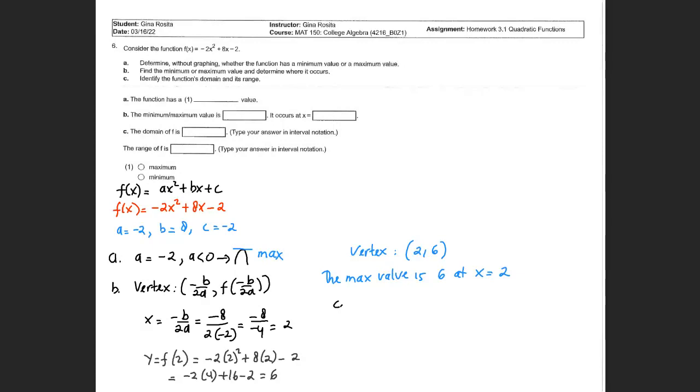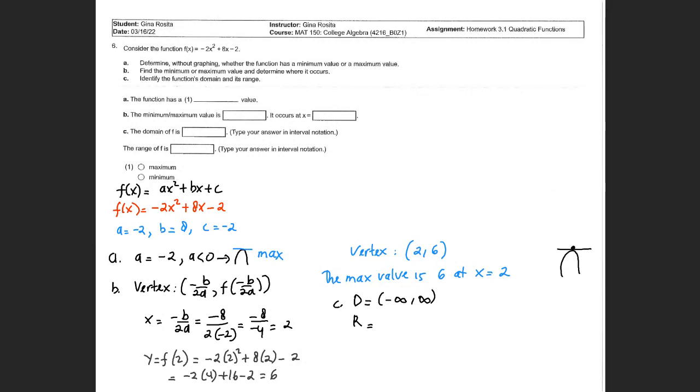And now for C, you need to find domain. Same, yeah? The domain of any quadratic function includes all real numbers. So the domain is from negative infinity to infinity. Now range. Okay, again, the parabola is open downward.